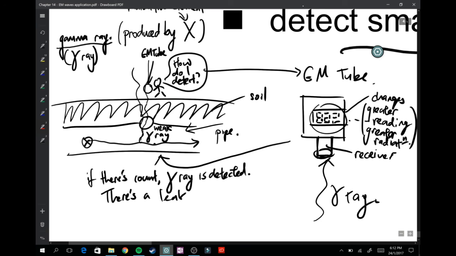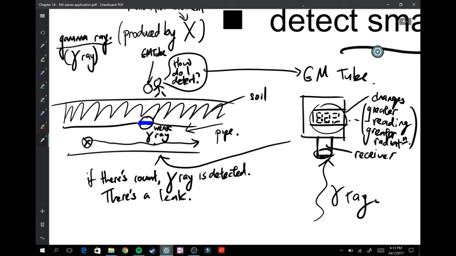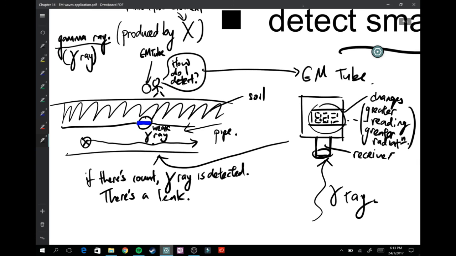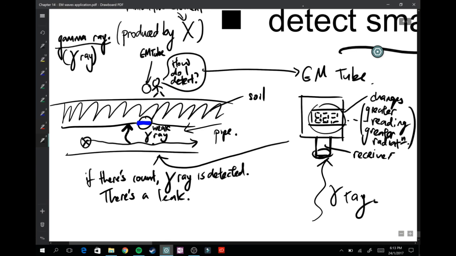Now the reverse is true. Let's say the gamma ray is not being detected, because there's a protective layer here. Usually pipes that are underground are made of strong materials such as metals of various density. So the gamma ray might not be able to penetrate through. Remember, this is a weak gamma ray.